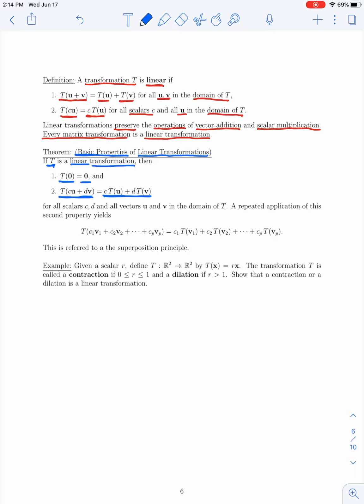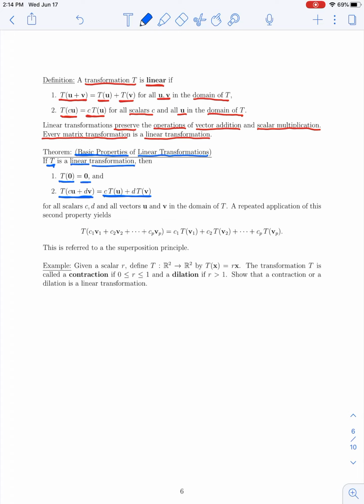That second property follows immediately from properties 1 and 2 of the definition, as well as this first property where T of 0 is equal to 0.